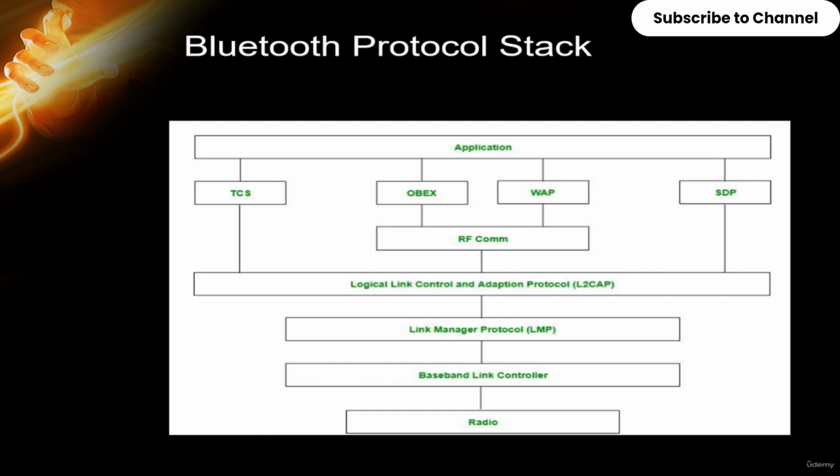Then the next is L2CAP, the logical link control and adaptation protocol. It permits communication between the Bluetooth protocol stack's upper layers and lower layers. It formats the data packets received from higher layers into the format for the lower layers, and it also carries out multiplexing and segmentation.